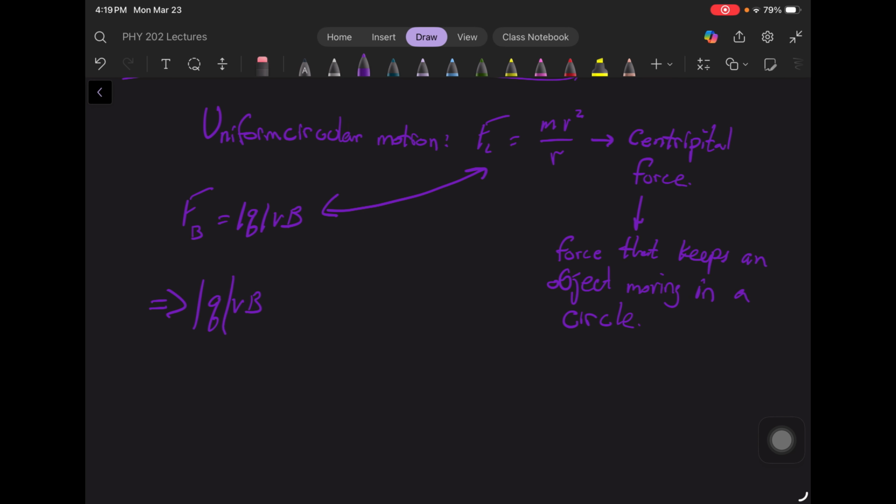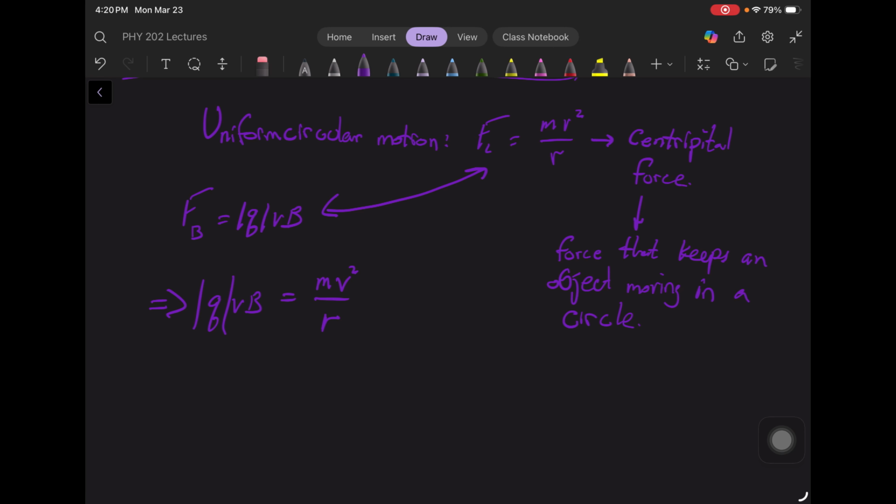Again, we'll keep this as the magnitude of charge, so it doesn't matter if it's a positive or negative charge. That's just going to tell us whether we go clockwise or counterclockwise. If we're just dealing with the circular path and not the direction of it, the charge doesn't matter. And we can set that equal to mv squared over r.